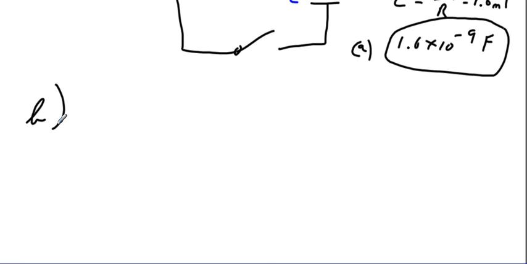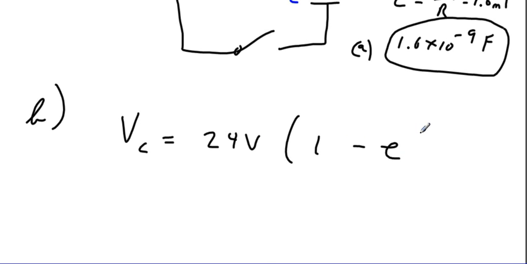And we go in the book and we find an equation that says the voltage across the capacitor is going to be the voltage of the battery, 1 minus E to the minus T over the time constant tau. Okay, so that's going to be the case. We want 16 volts, the time and the voltage across the resistor is 16 volts.